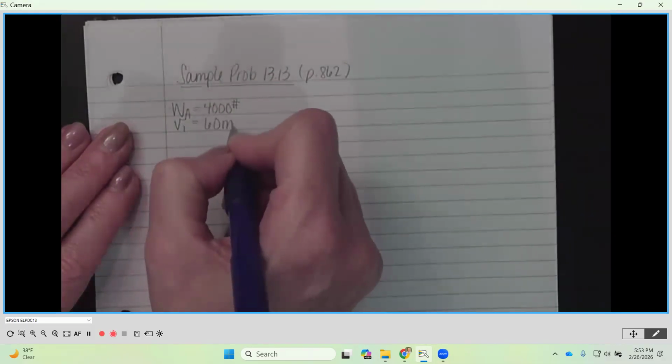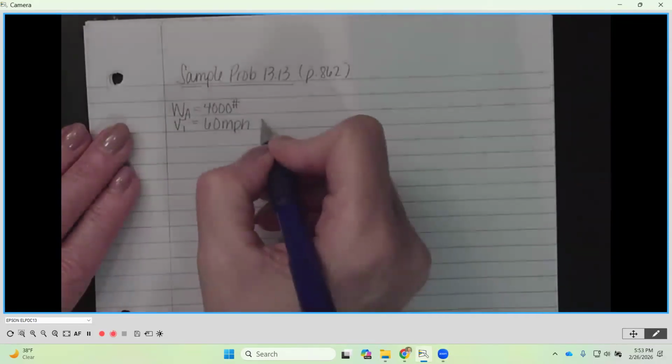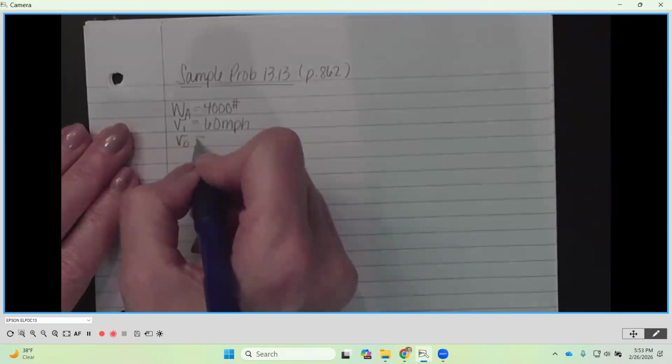The initial velocity, V1, was identified as 60 miles per hour. As you can imagine, we're going to have to do a little converting, but we'll do that in a bit. And then our final velocity was 0 because we come to a stop.